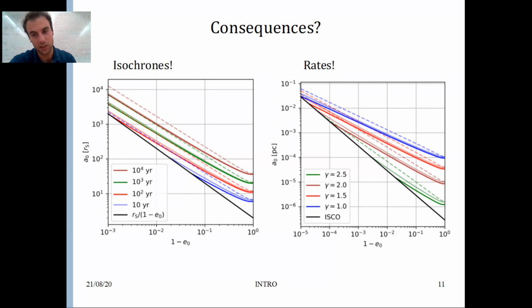So things that are below these lines are interesting EMRI candidates, extreme mass ratio inspiral candidates. And you can see that correcting Peters' formula shifts these lines down and basically slices off large regions of phase space.